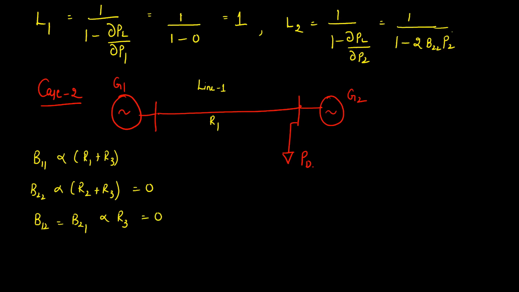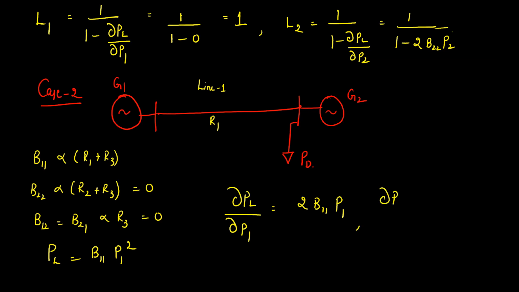Now if you substitute in the above same formula, I am directly writing your PL will become B11 into P1 square. This is your loss formula. Now, in this case, the incremental transmission loss of the first unit, that is dou PL by dou P1, will become 2B11 P1.